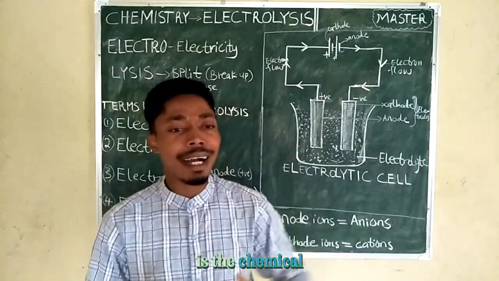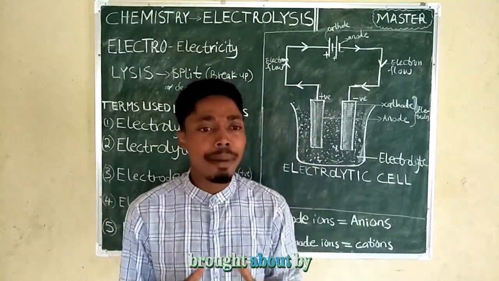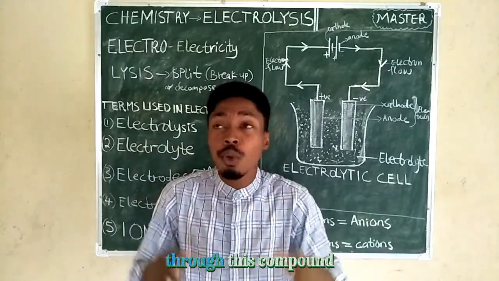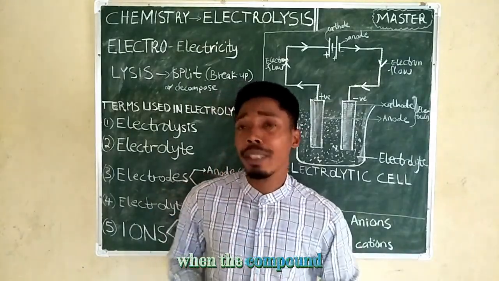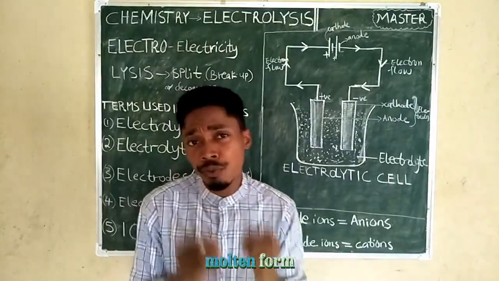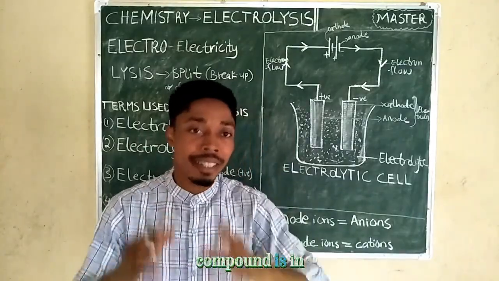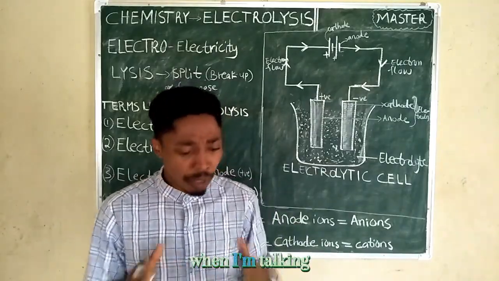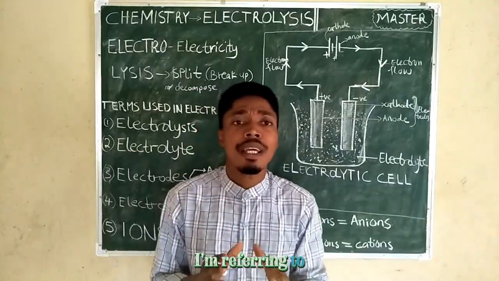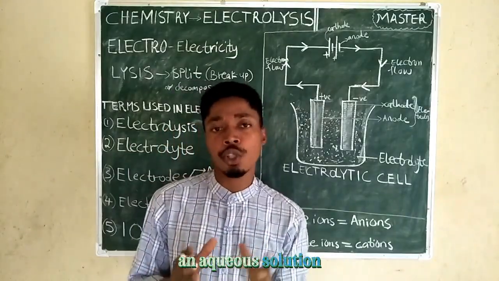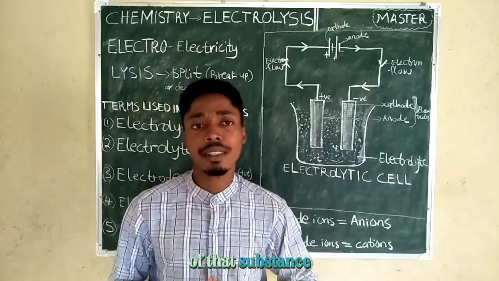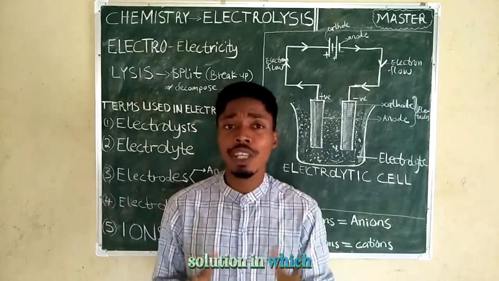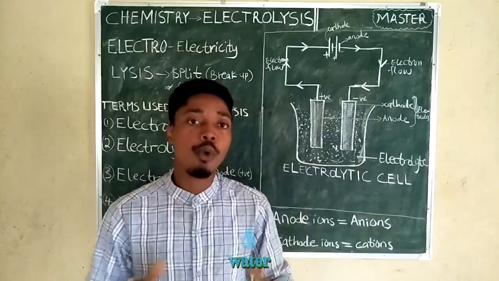Electrolysis is the chemical decomposition of a compound brought about by passing a direct current through this compound when the compound is in its molten form or when the compound is in its solution form. When I'm talking about solution form, I'm referring to an aqueous solution of that substance or that compound. Remember that an aqueous solution is a solution in which the solvent is water.